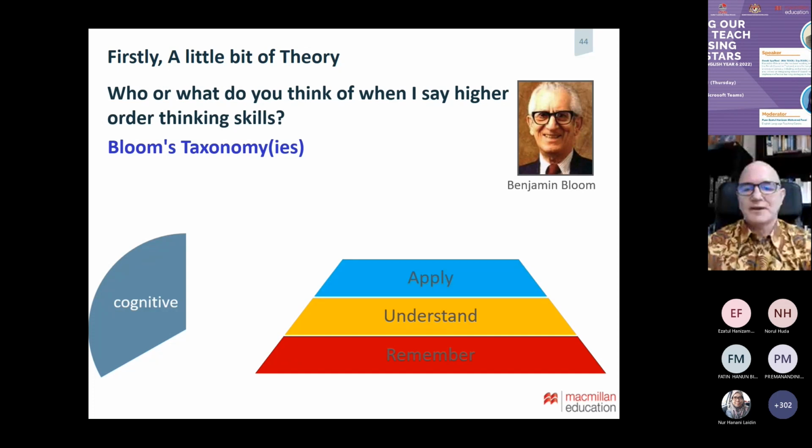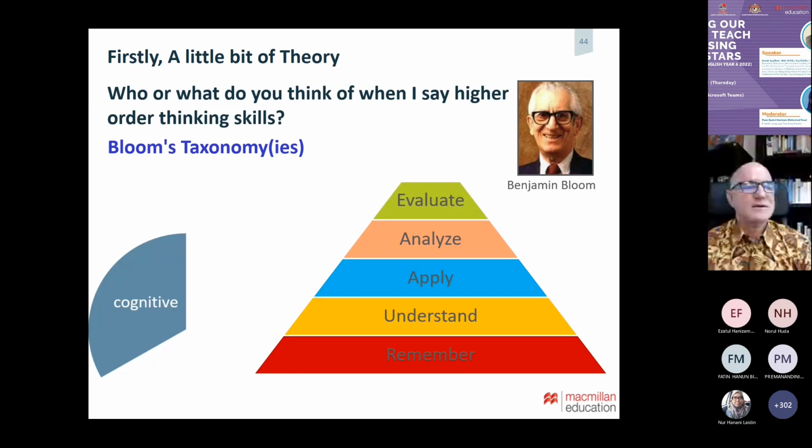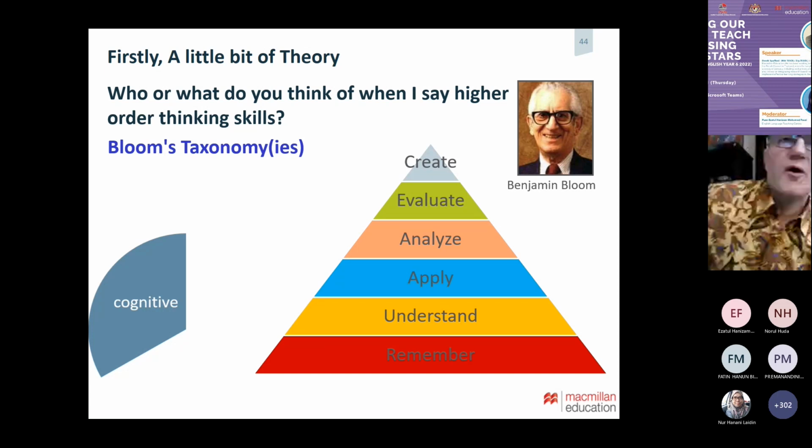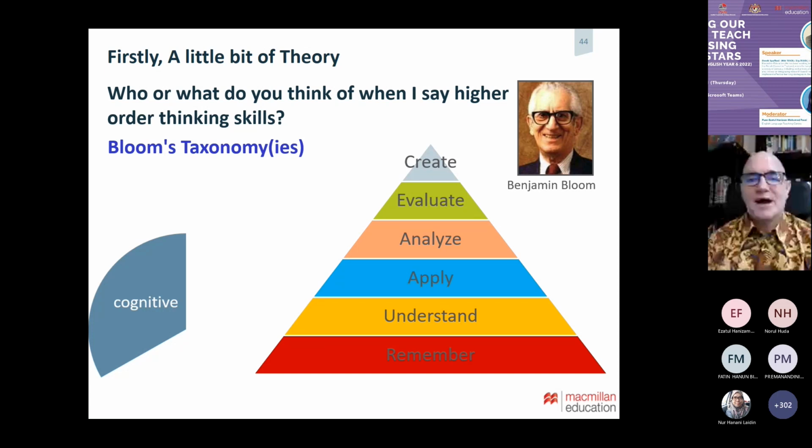Following on from this, you apply it, you put it into some practice. Then you might analyze it, and then you evaluate. And the last one, you create something from your understanding and your applications. So this is a pyramid of thinking skills.